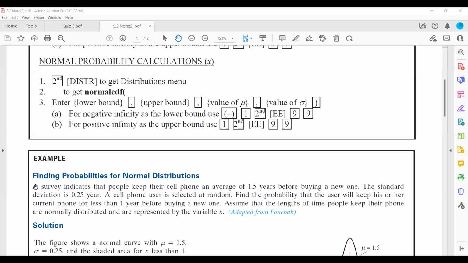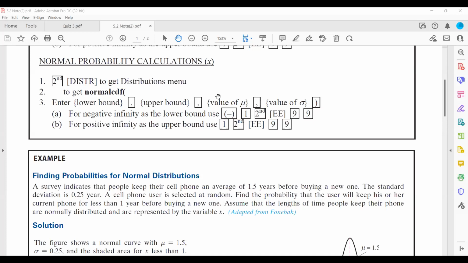The standard deviation is 0.25 year, and your goal is to find the probability that the user will keep the phone for less than 1 year before buying a new one. The lengths of time people keep their phones are normally distributed.